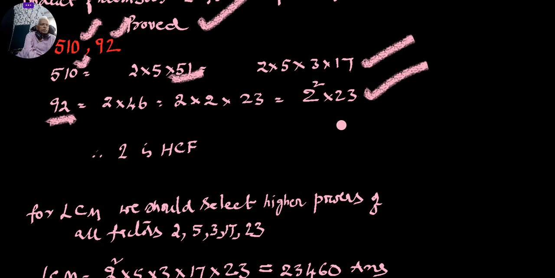Now what is HCF? You should select common factors here. What is the common factor? Only 2, I am saying only 2, here and here. So what is the smallest power? Here there is 2, here there is 2 square. The smaller one is 2. So 2 is the HCF.